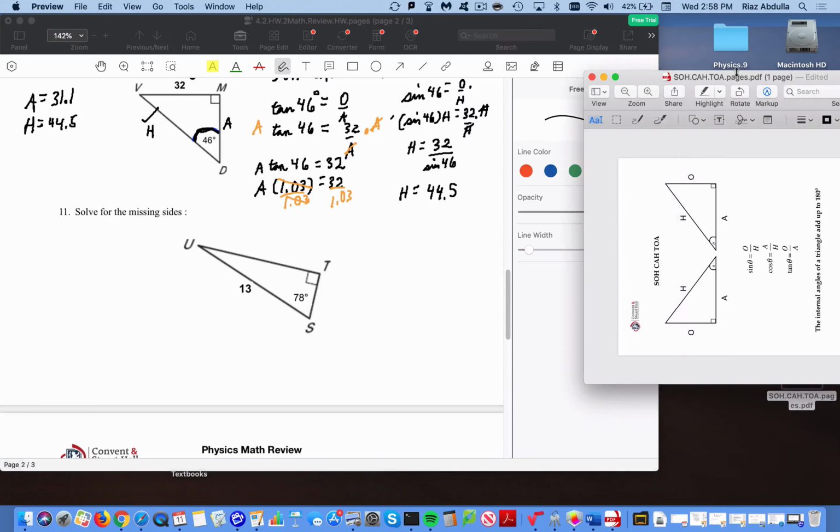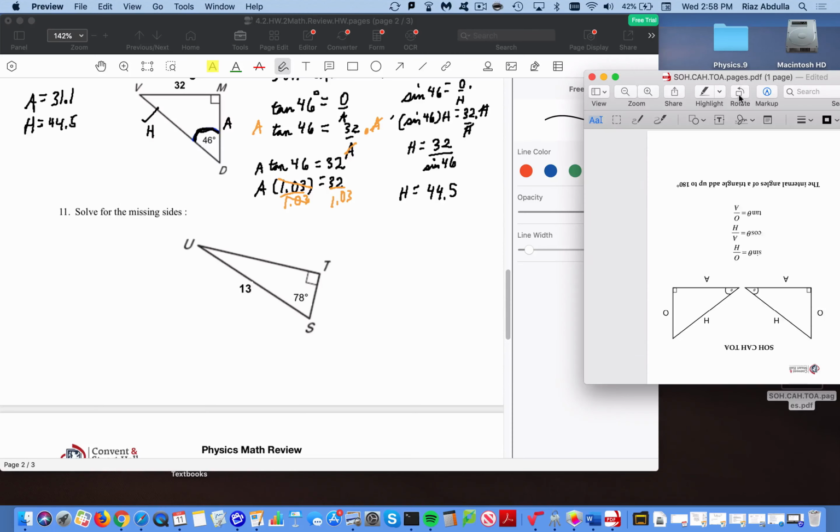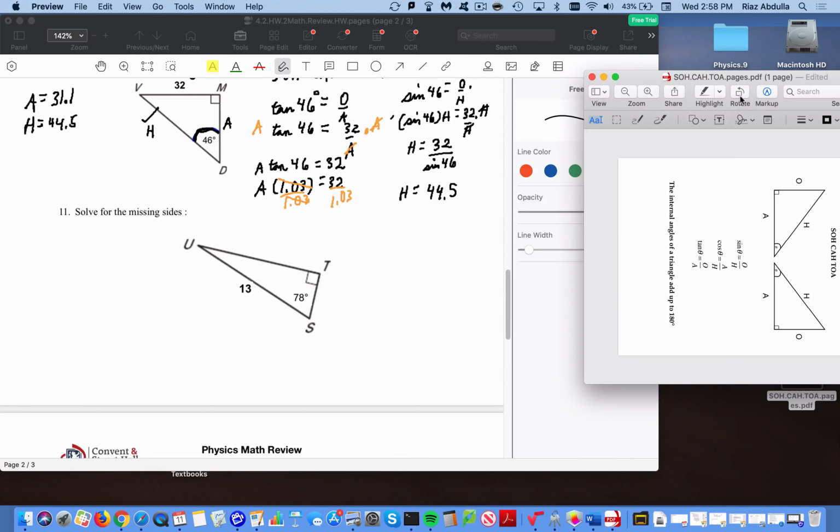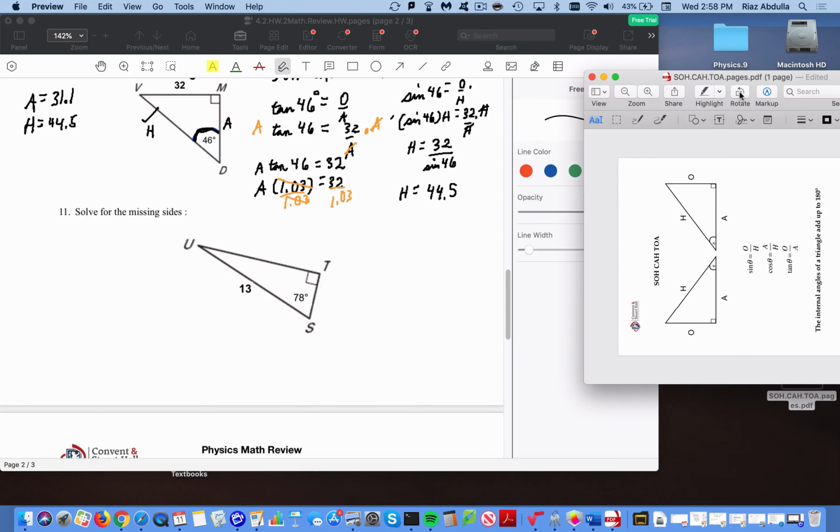So I need to rotate my triangle to match. And when I look here, what I notice is neither of these triangles works. I need my angle in the lower right. I need my right angle in the upper right. And I need my unlabeled angle on the left. So let's see what we have. So it looks like this is the way to get it.